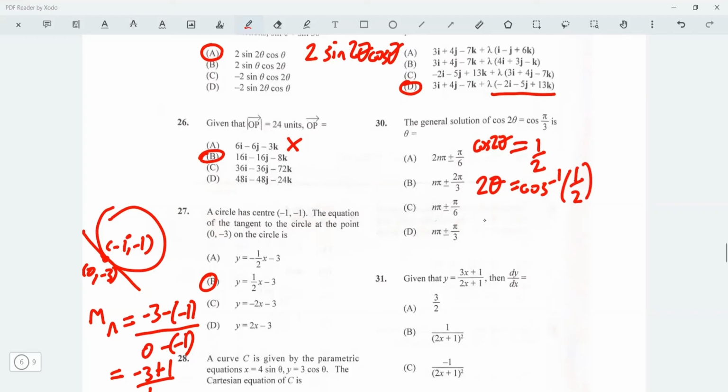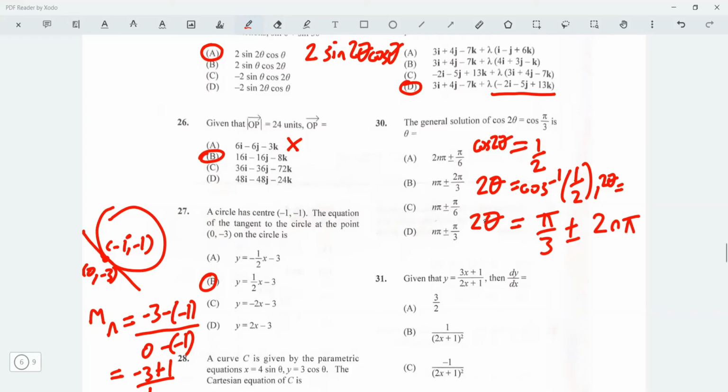That's one answer. Or we know that 2 theta equals, where is cos positive? In the fourth quadrant as well. So to work it out, this is how we write the general solution: 2 theta is cos inverse of a half, which is pi by 3 plus 2n pi, but it's plus or minus.